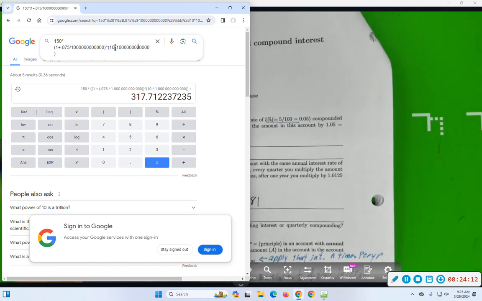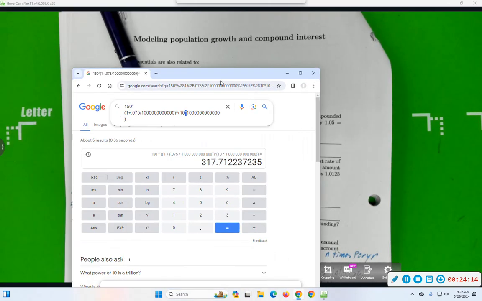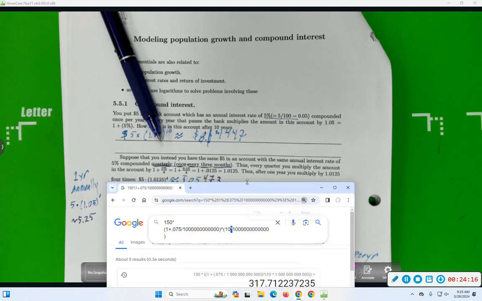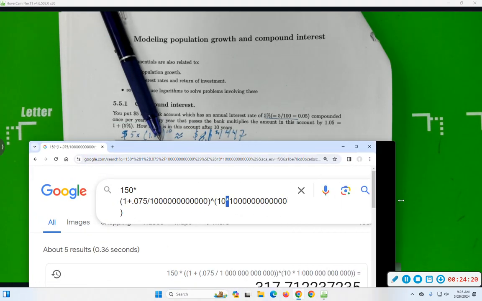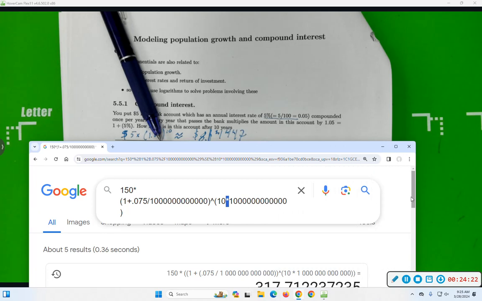So I am going to make that a little bit bigger. Still visible enough? Because now I want to point to things.